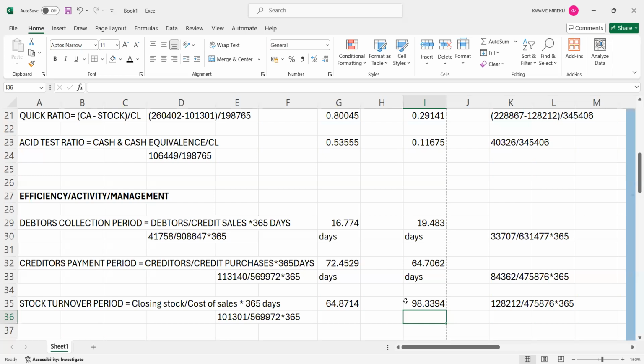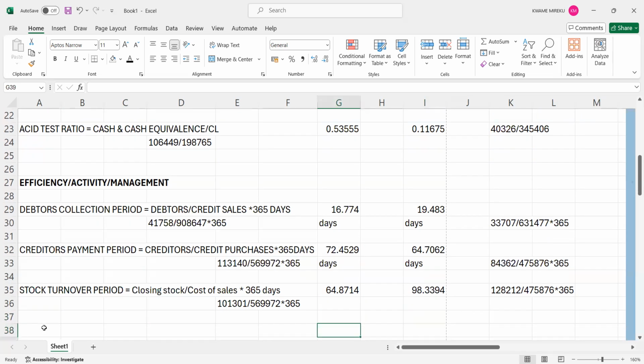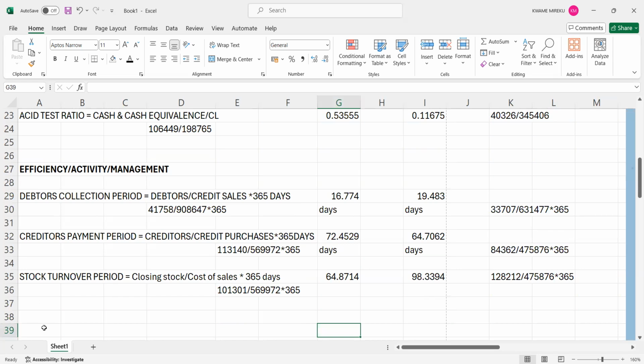By 2023, we could sell in 65 days, roughly. Has there been an improvement in our ability to sell our goods? Yes, there has, because we have reduced from 98 to 64. So every 64 days, we have to sell our average stock.